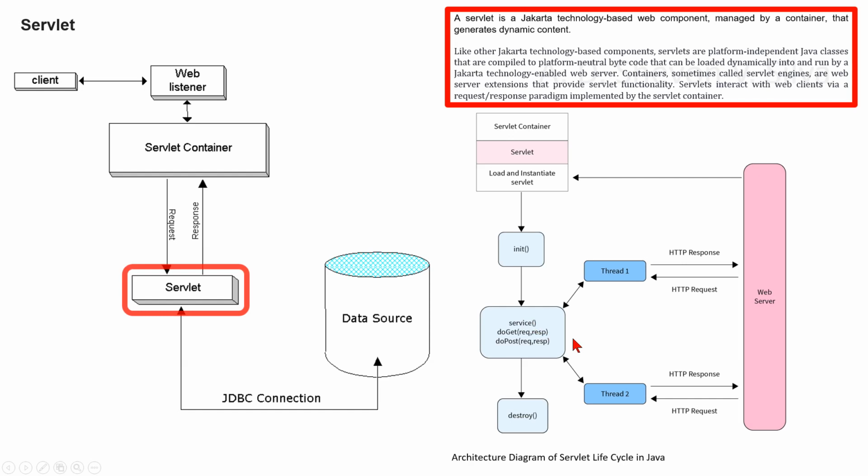Protected void doOptions(HttpServletRequest, HttpServletResponse) is called by the server via the service method to allow a servlet to handle the options request. Protected void doPost(HttpServletRequest, HttpServletResponse) is called by the server via the service method to allow a servlet to handle the post request.